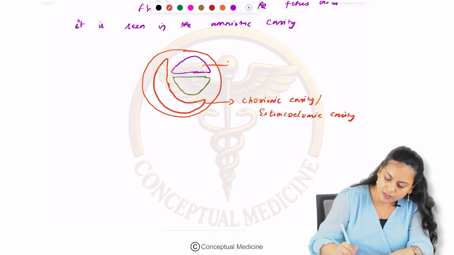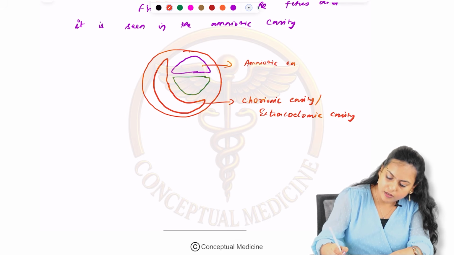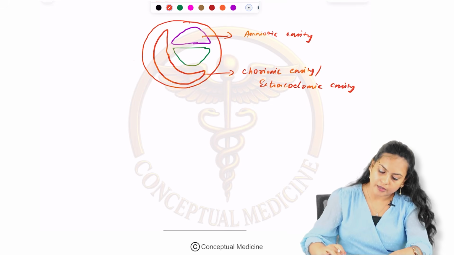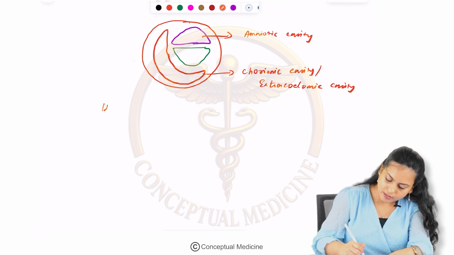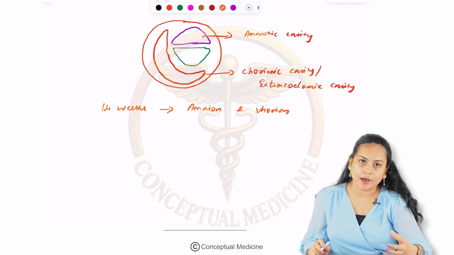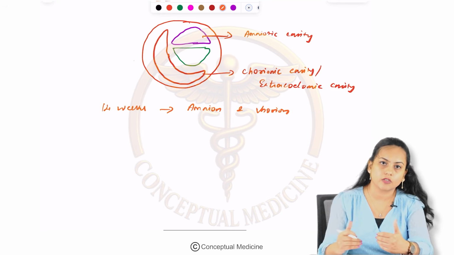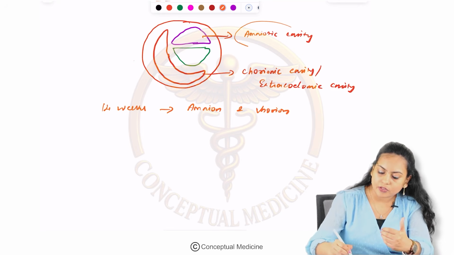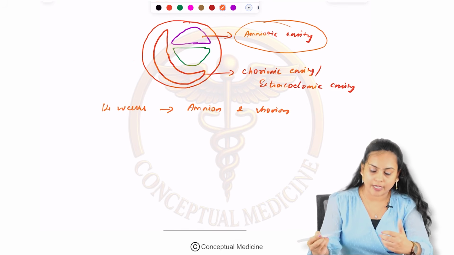By 14 weeks of gestation, there is fusion of the membranes, amnion and chorion. As this fusion happens, the chorionic cavity gets obliterated and the cavity which remains is the amniotic cavity.